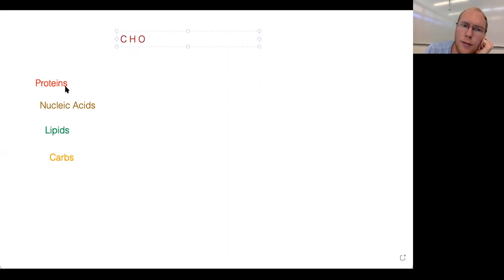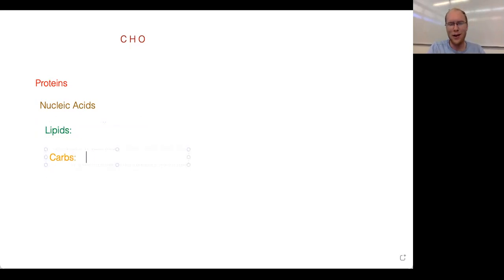So every one of these, proteins, nucleic acids, lipids, carbohydrates, have carbon and hydrogen. And let's start with carbohydrates because they're the simplest. Sorry, I made a mistake, but I caught myself, so that's okay.